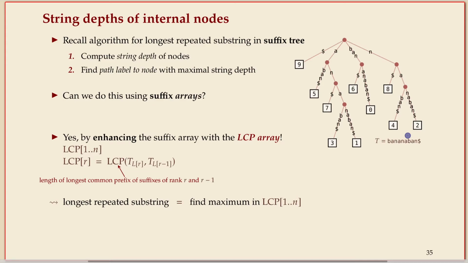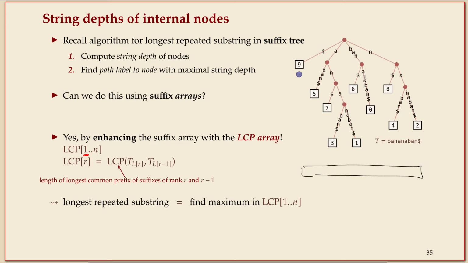So I want to point out here that we usually define the LCP array other than our other arrays. It starts at 1 because it talks about the difference between 2, and so there's some offset in one way. I have a bigger example on the next slide. Maybe let me just illustrate this.